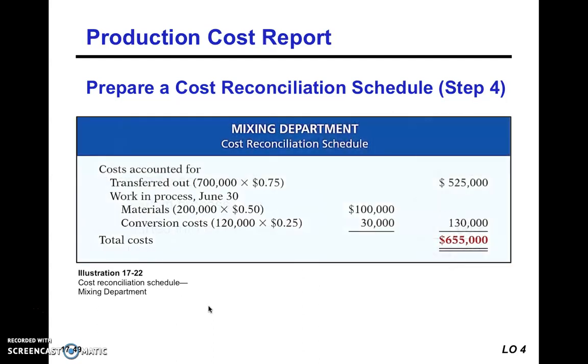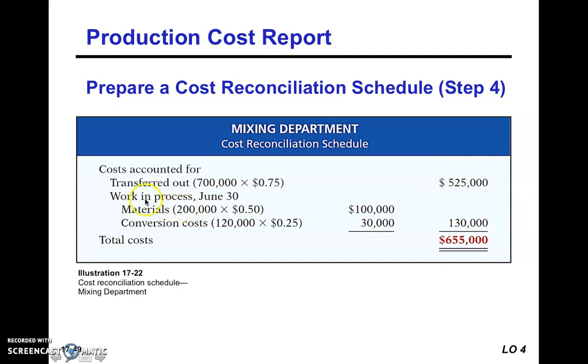Now we need to show management where the 655K went. Well, we had 700,000 units transferred out that were 100% complete for material and conversion costs, and every unit cost us 75 cents. So out of the 655K, we spent 525,000 of it on units transferred out.